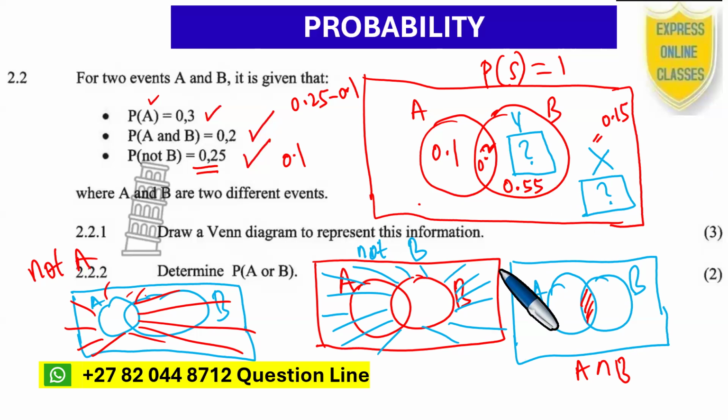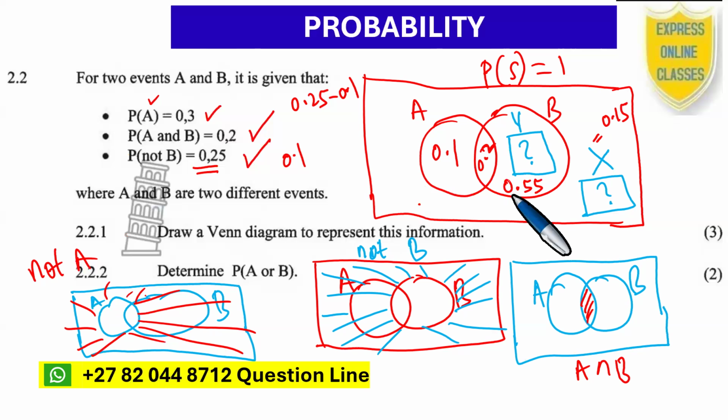I added all of them. I said 0.1 plus 0.2 plus 0.15 plus y is equal to 1, and then solved for y. Well done. That is the correct way to do it.